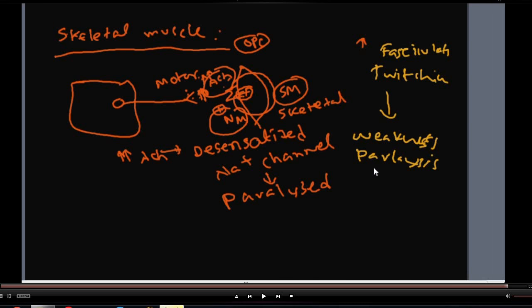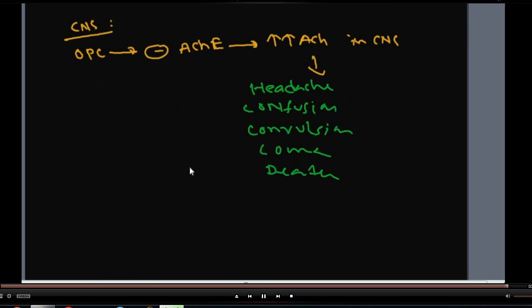All other functions can be blocked by atropine, but this function cannot be reversed by atropine, because this is a nicotinic receptor. Atropine cannot block this nicotinic receptor. Atropine can only block muscarinic receptors. So to reverse the function, you have to regenerate acetylcholine esterase, and to regenerate acetylcholine esterase, you have to give pralidoxime.